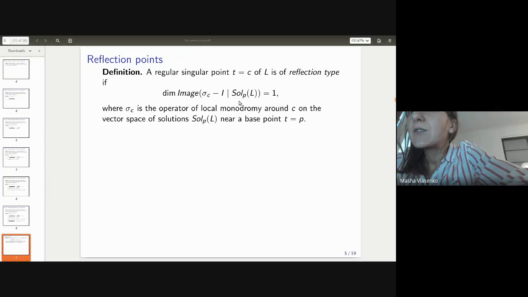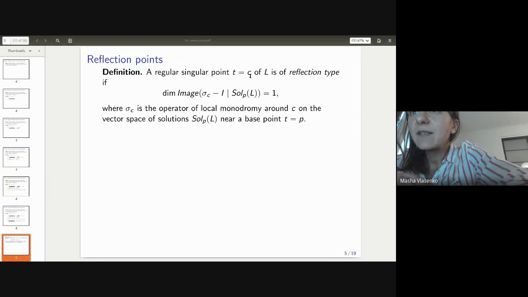Here, this is the vector space of solutions. This is the C vector space of the same dimension as the order of the differential operator L. Sigma C is the local monodromy transformation around C. We subtract identity. And if the image is one-dimensional, we say C is of reflection type.